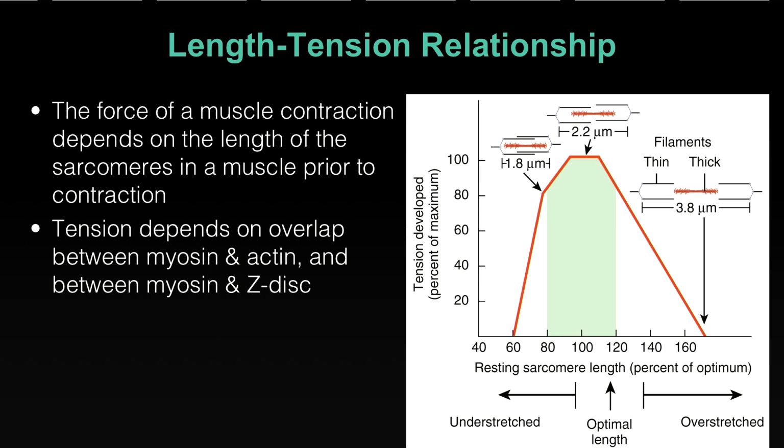It runs out of room. As myosin walks up the actin filaments, it runs out of room. It butts up right against the Z discs, or close enough that it can't continue to contract. And so even though you have cross bridges that can form, the power stroke can't occur. Myosin can't slide.